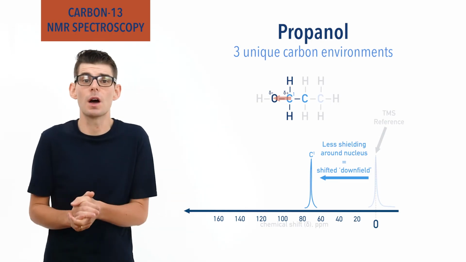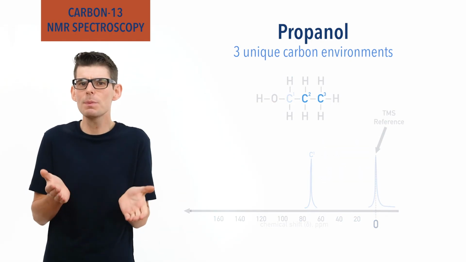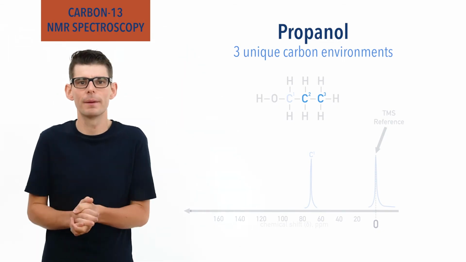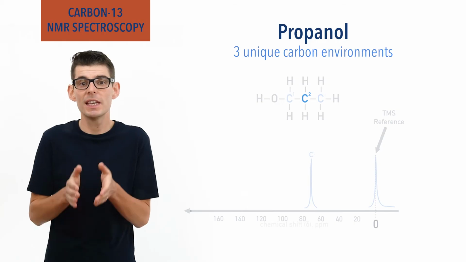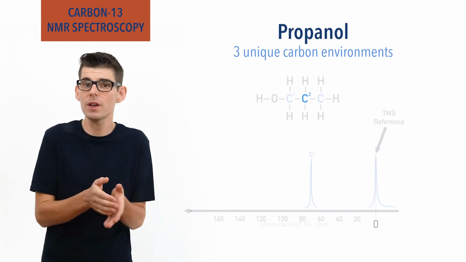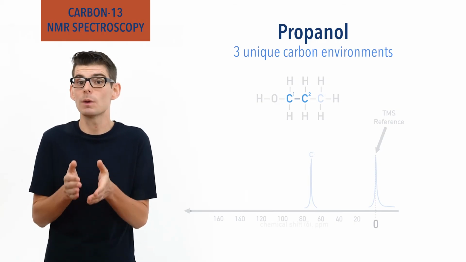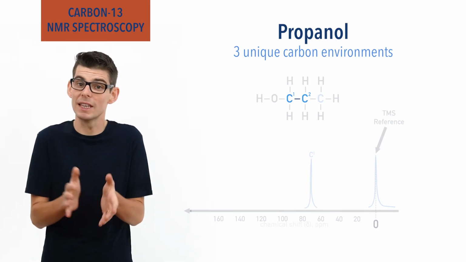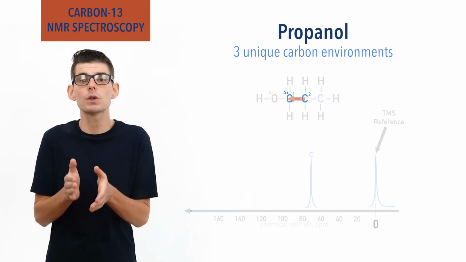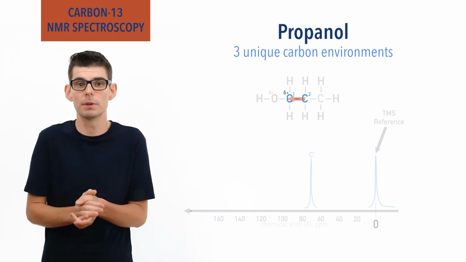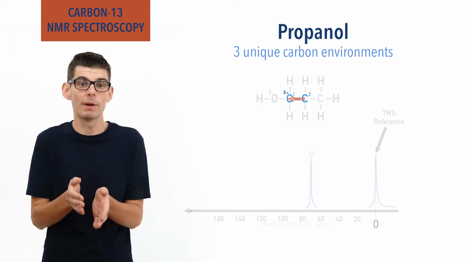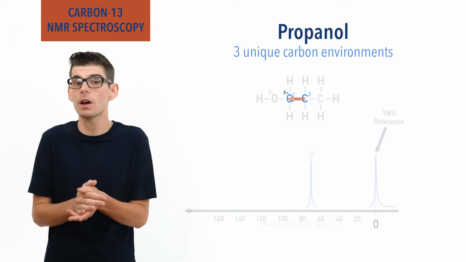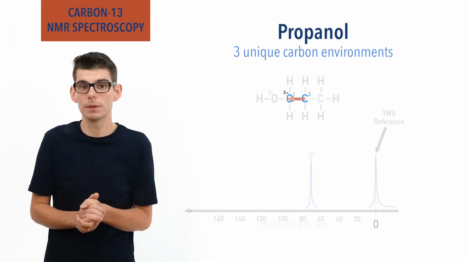For the other 2 carbon environments, however, how can we predict which one will be where? Well, the carbon atom in the second environment is bonded to the carbon from the first environment, meaning it will have some of its own electron density pulled away from it and towards this electron-deficient carbon, ending up with slightly less electron density around its nucleus compared to the carbon atom in the third environment.